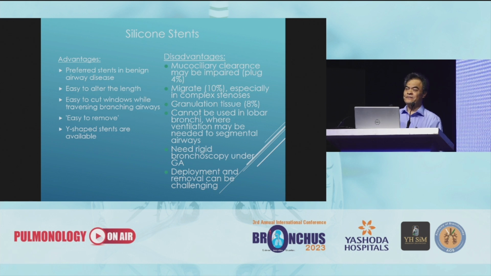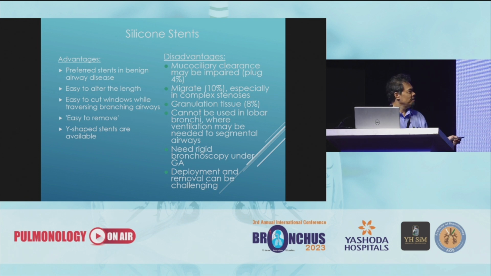I think that's relative. If the silicone stent has been there for many years, it can be quite tricky to remove. And migration is real, and granulation tissue can be your nightmare when the stent has been inside you for many years.